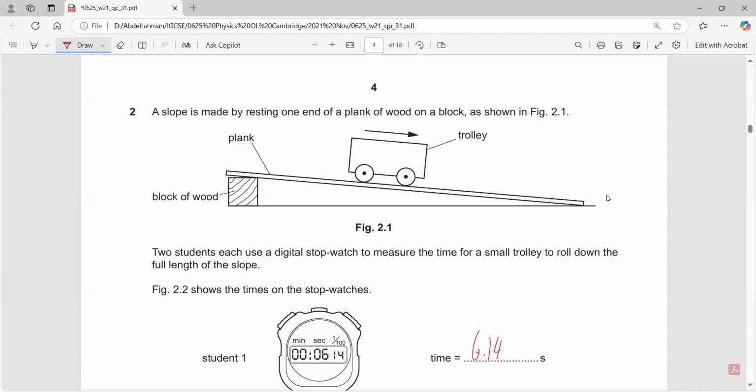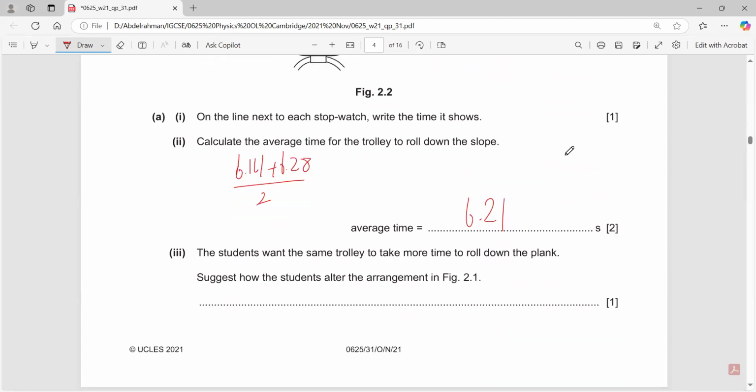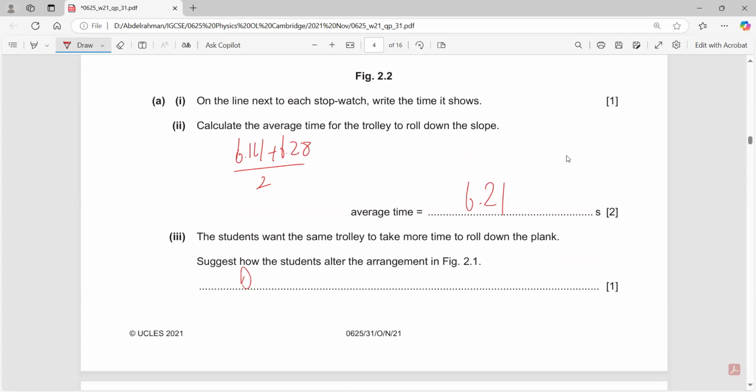If what you mean is decreasing the height of the wooden block, then it would be correct. Yes, decrease the height of the wooden block, or decrease the slope as a whole. Okay, decrease the slope by decreasing the height of the wooden block.